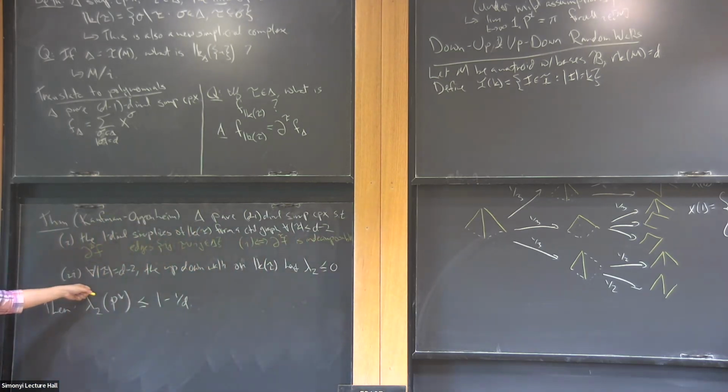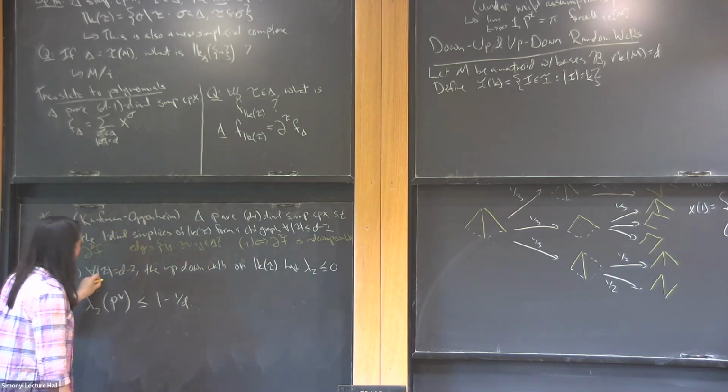And then here, now I'm taking d tau f, where the size of tau is d minus 2.